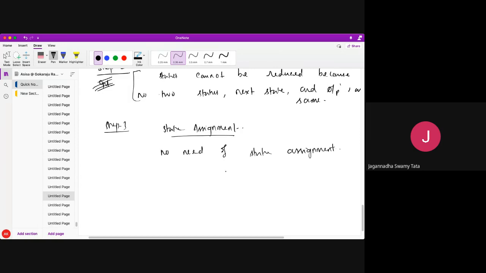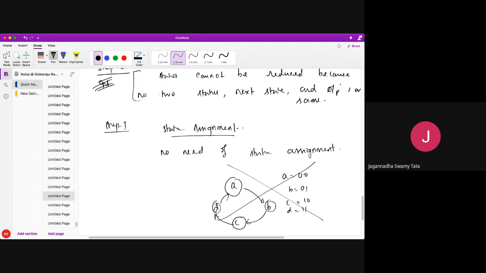If the states are like A, B, C, D, then you can assign A with 00, B 01, C is 10, D is 11. Since the states are already assigned in the form of binary values, we don't need any state assignment over here.